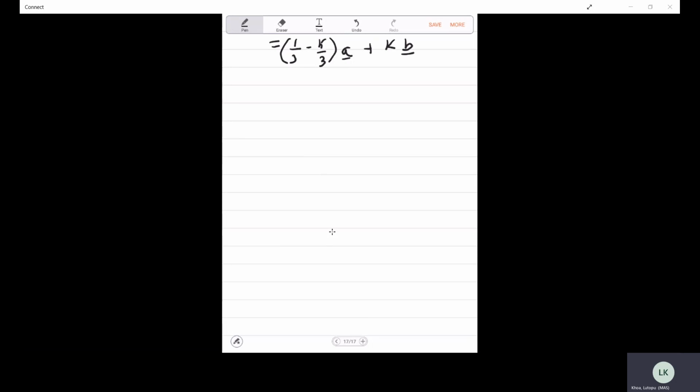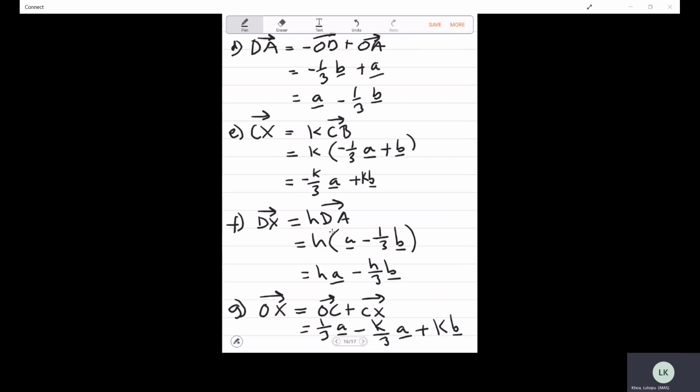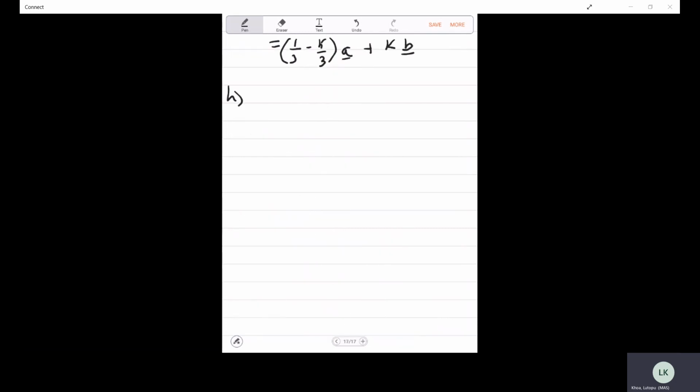Okay, and then the next question, that was G, H. Now H says using your expression for A and F, also write OX in terms of your answers from A and F. Now in A, we had OD, and F, we had DX.